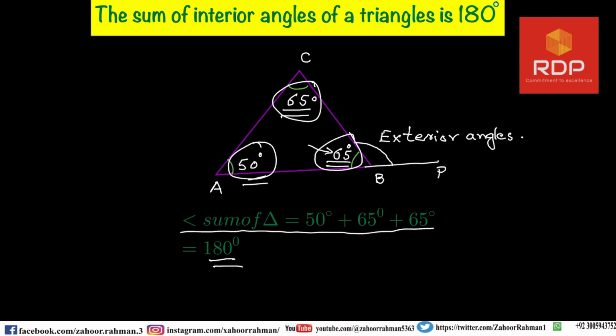So through software we also confirmed that the sum of interior angles of a triangle is equal to 180 degrees. Ladies and gentlemen, that was the basic concept of triangles.